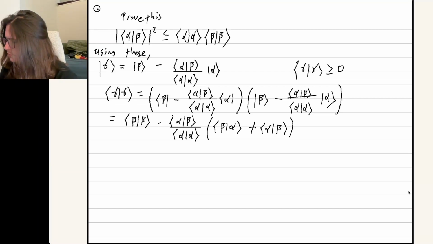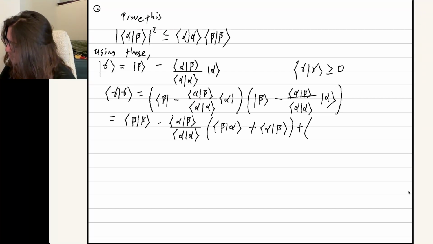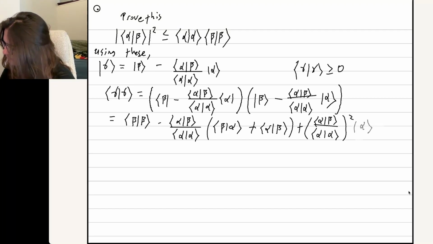And then you're also going to have this term squaring this term, so plus the inner product of alpha with beta divided by the inner product of alpha with alpha, all squared, times the inner product of alpha with alpha.